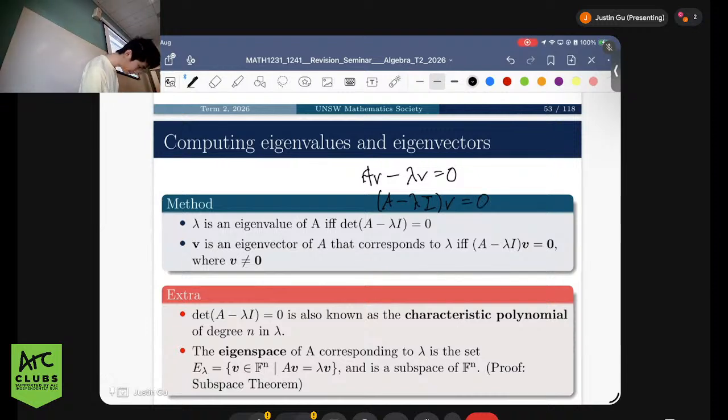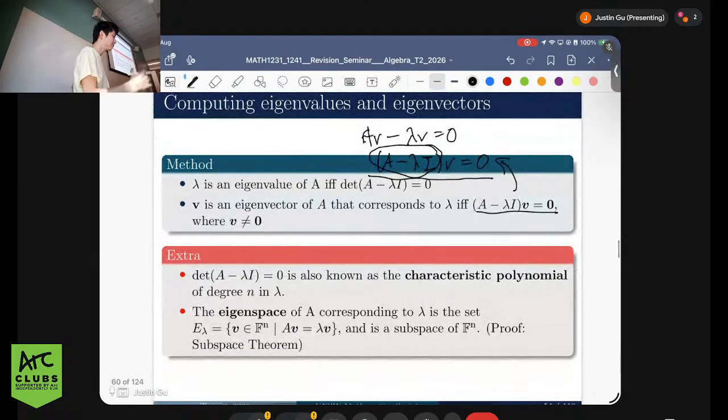This only has non-zero solutions if and only if the determinant of this matrix is 0, right? And v is an eigenvector of A corresponding to lambda if and only if it fulfills this equation. It has to be non-zero, otherwise every eigenvalue would have a trivial 0 eigenvector, and that's not particularly interesting to talk about. So we enforce that eigenvectors shouldn't be the 0 vector.